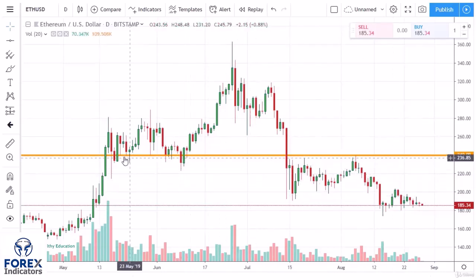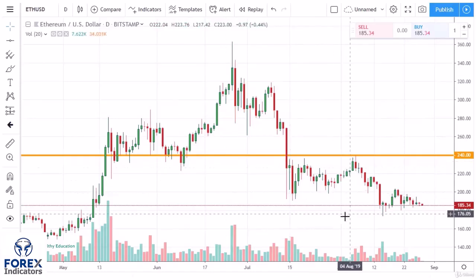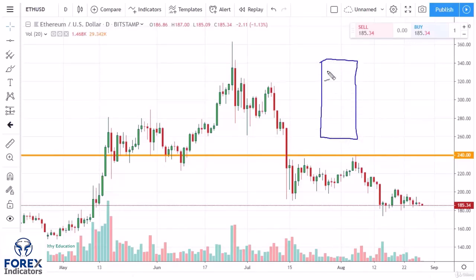Now, there is an area that has been supportive, a little bit of a range here, just below 240. And as we broke higher in Ethereum on the daily chart, we finally plunged through it, and it offered resistance. You quite often see that. It's market memory. So what I use to illustrate this a lot of times will be the idea of a high rise. So say you've got 4 floors here.